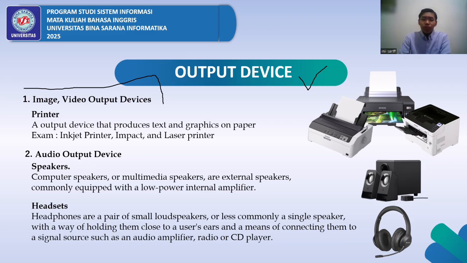An output device is a hardware component that produces text and graphics on paper. Examples are the printer, speaker, headset, etc. The printer produces text and graphics on paper.